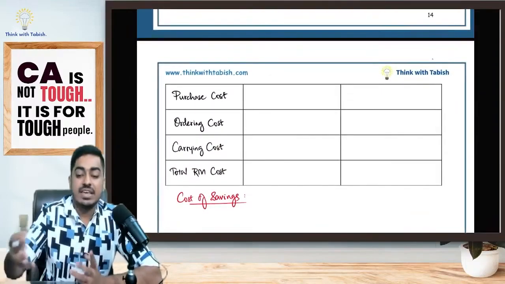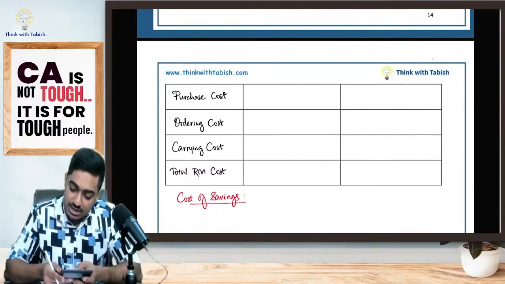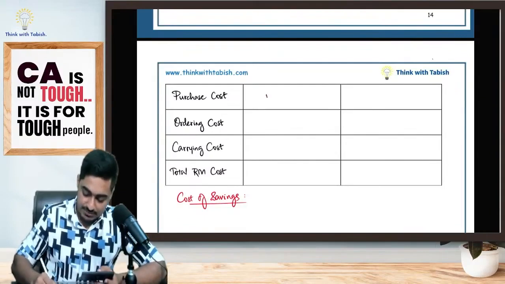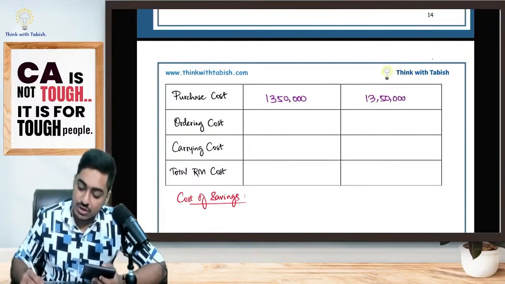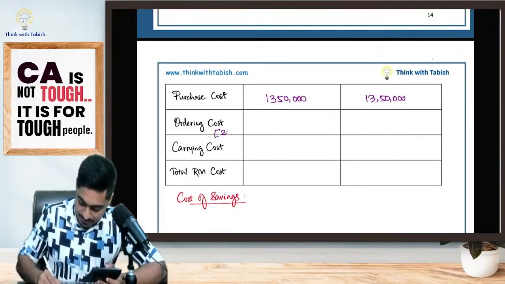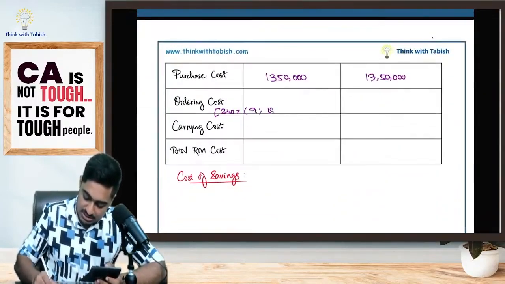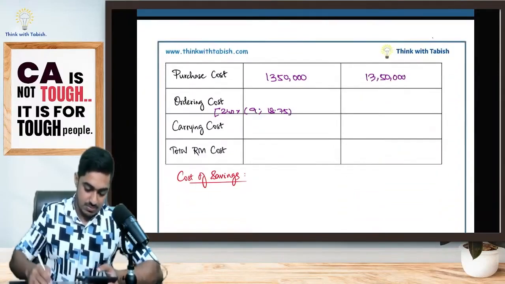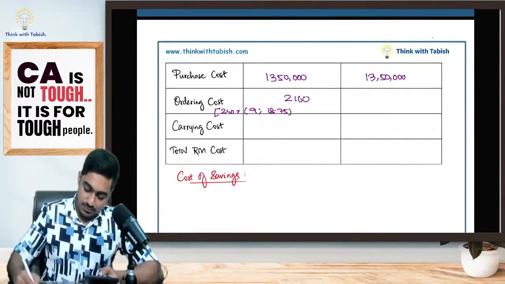Purchase cost, whether I consider it or not does not make a difference, but still 27,000 units at 50 each will be 13,50,000. Ordering cost is 240 per order into 9 orders here, and here 18.75 orders, 2,160 and 4,500.